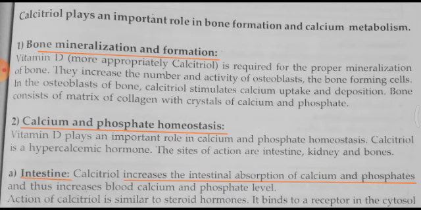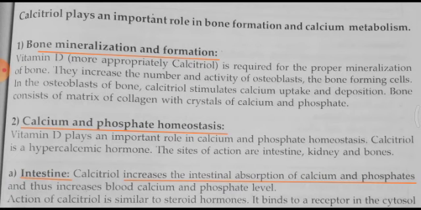So vitamin D stimulates mineralization, meaning the deposition of calcium in the bones, and this also involves osteoblast activity. In the osteoblasts of bones, calcitriol stimulates calcium uptake, so taking calcium from the blood and depositing it in the bone. Bone consists of a matrix of collagen with crystals of calcium and phosphate.